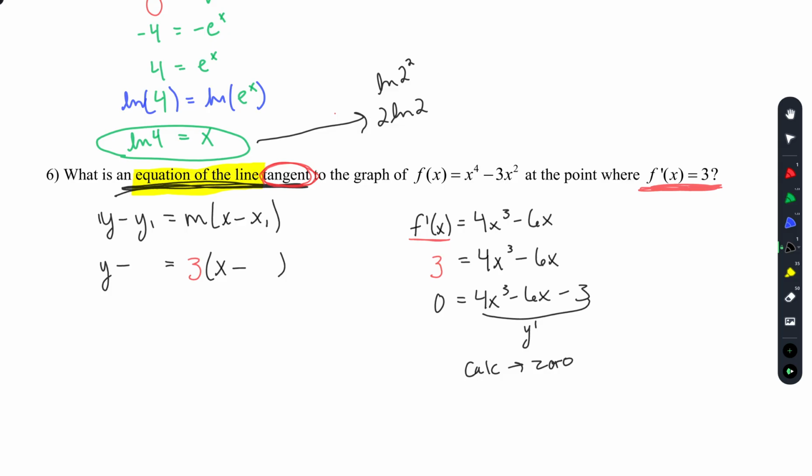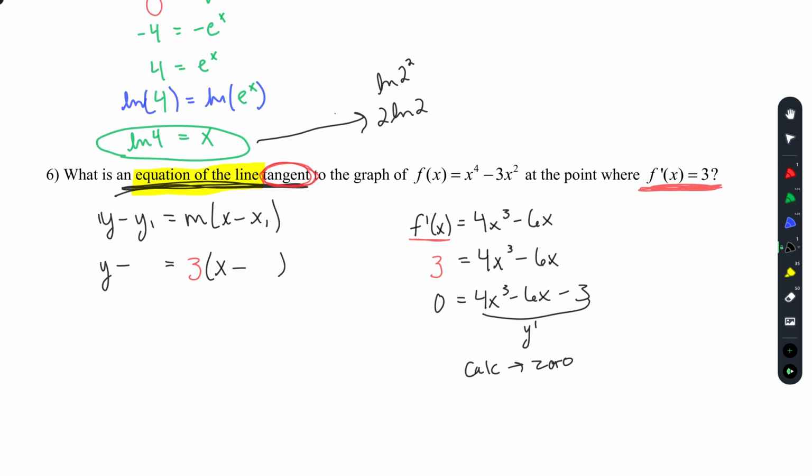You guys should do it quick. 4x cubed minus 6x minus 3. It's like 1.5-ish or something.